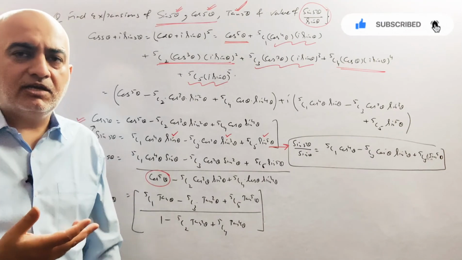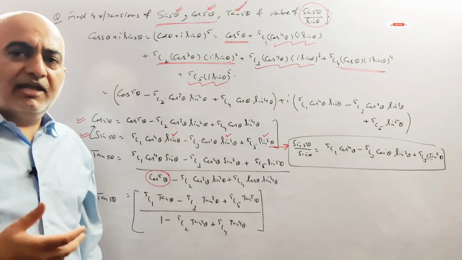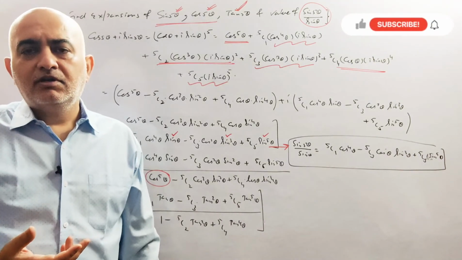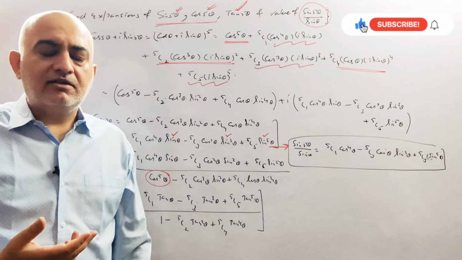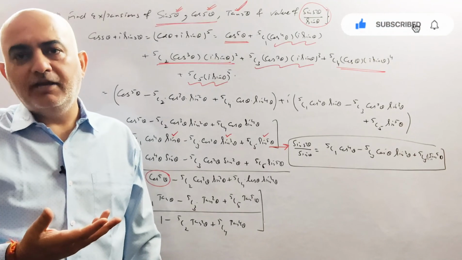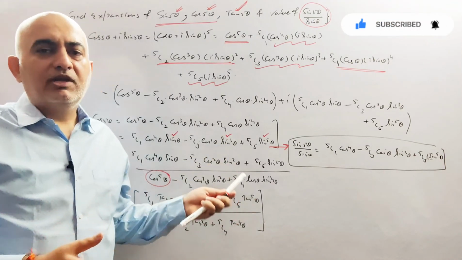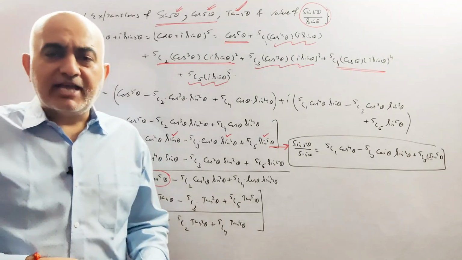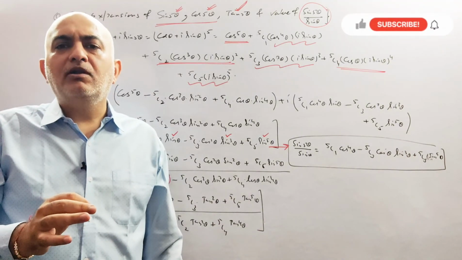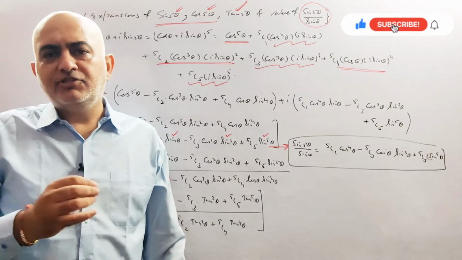and cos n theta along with tangent of n theta also, where n is any integral number. So we can use De Moivre's theorem with the binomial theorem, right? With a combination of De Moivre's and binomial theorem, we can find the expansions of sine of n theta, cos of n theta, tangent of n theta.